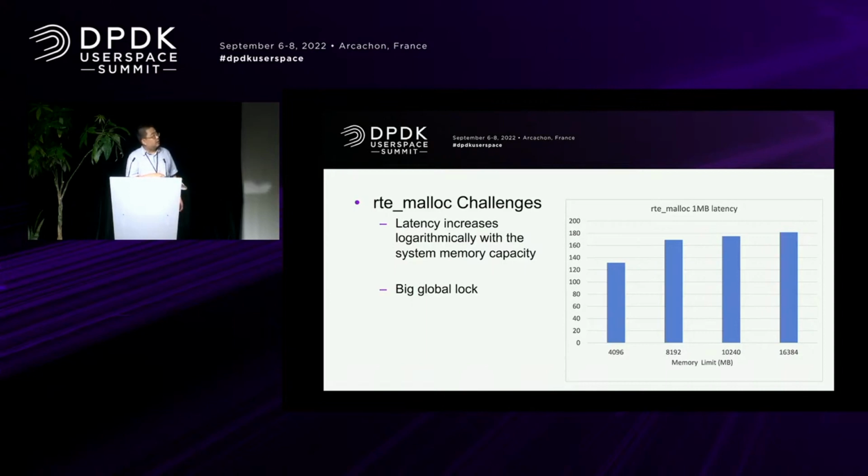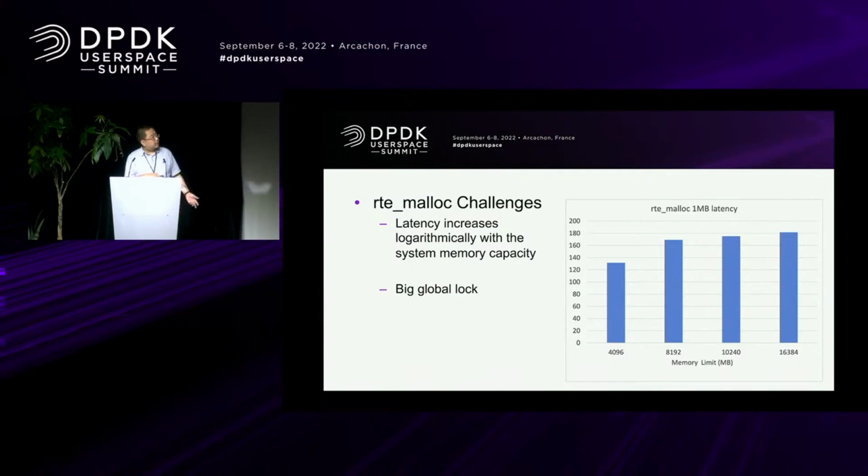And then we got these latency numbers. You can easily find the latency is not really consistent even when requesting the same size memory, 1 meg. The latency increases logarithmically like this, right? Very interesting. Personally I believe this is because of memory segment list processing issues.